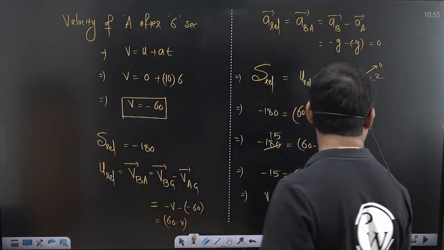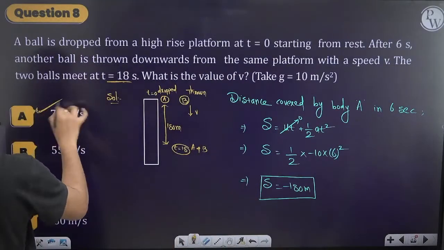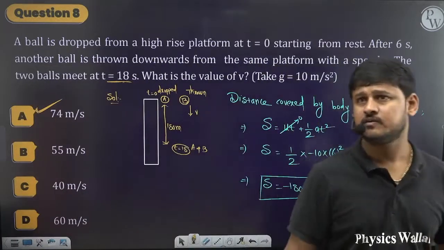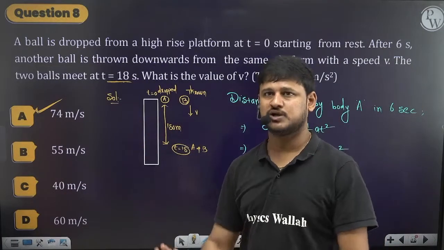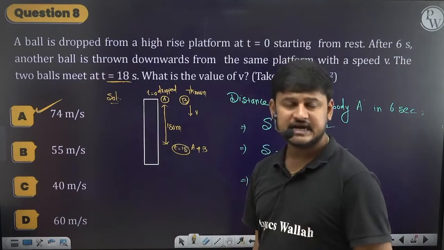So the ball B has been thrown with a velocity of 75 meter per second. Choose the approximate answer. Here 74 is given, so choose the closest one, which is 74. Clear? Understood everyone?